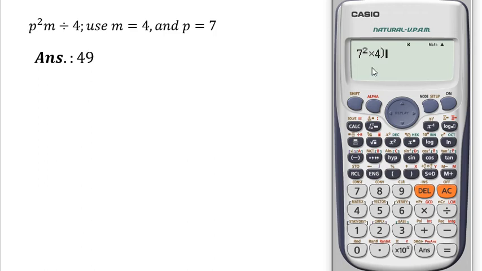Divided by, we should put this inside the parentheses since they are one term, combined. Divided by 4. 7 squared times 4, the product of that divided by 4 will be 49.